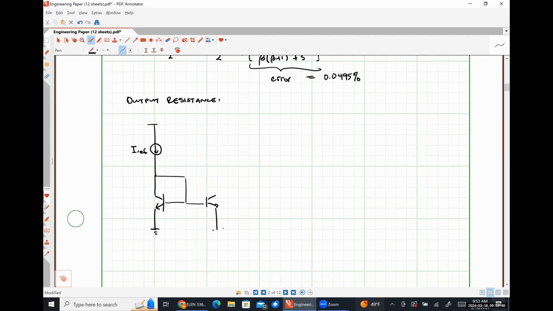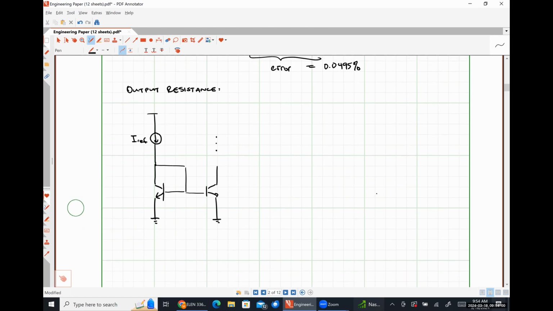And then from that, we can make a couple of quick assumptions. So this is our basic representation of our current mirror, and its small signal model should look something like this.